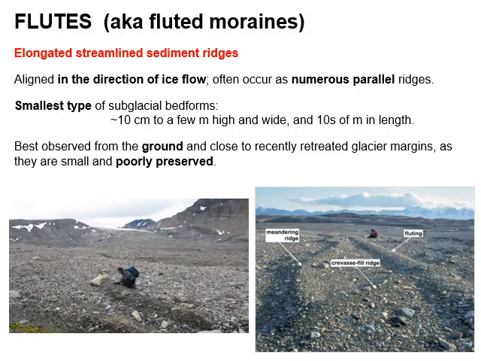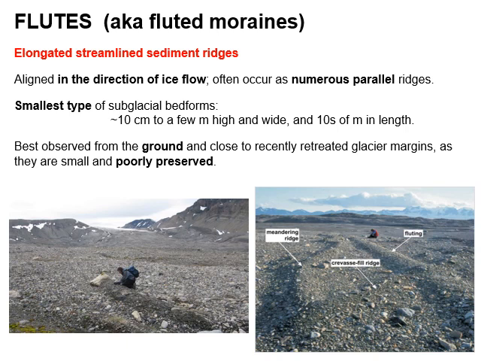Flutes or fluted moraines are very long, elongated, streamlined sediment ridges where the length of this landform is much longer than the width. So all these flutes are also, just like drumlins, aligned in the direction of ice flow and often occur with hundreds or thousands of these flutes next to each other.